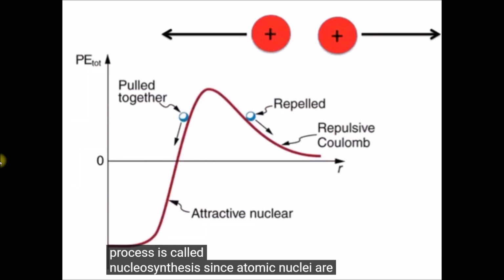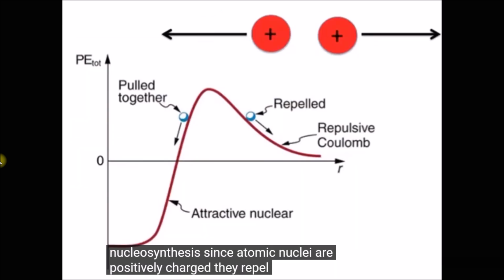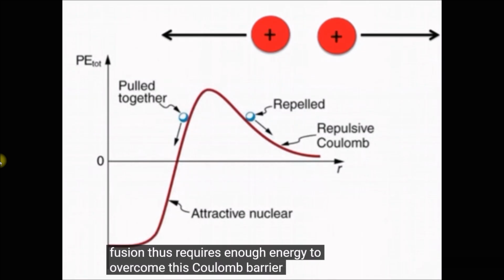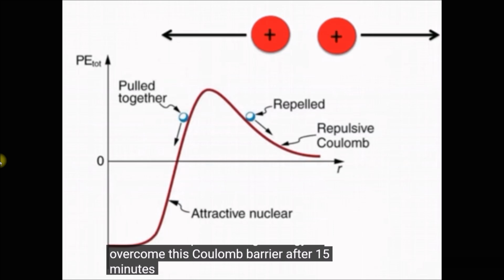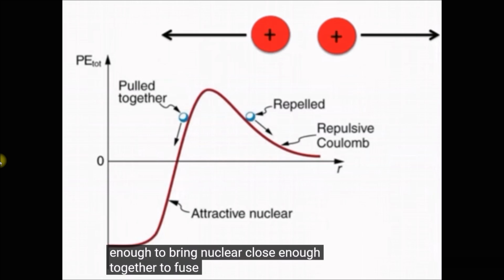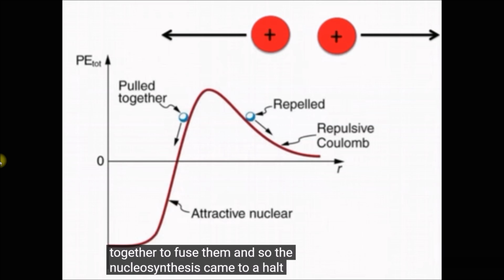Since atomic nuclei are positively charged, they repel each other. Fusion thus requires enough energy to overcome this Coulomb barrier. After 15 minutes, the universe was no longer hot enough to bring nuclei close enough together to fuse them, and so the nucleosynthesis came to a halt.